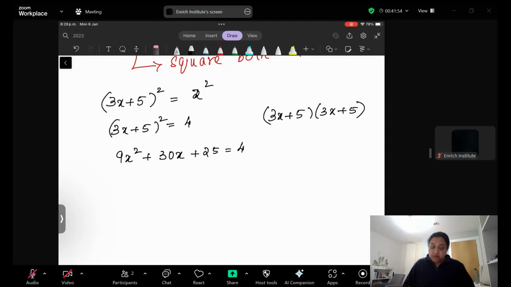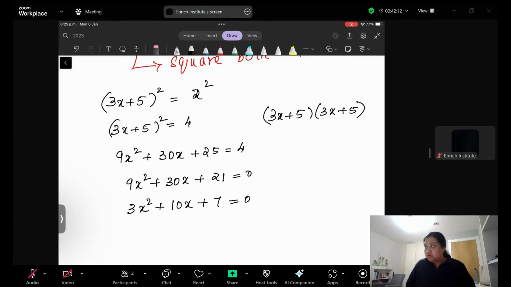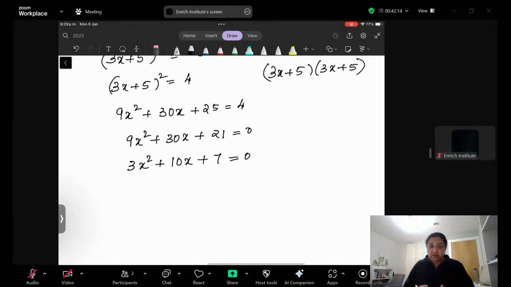Then you bring the numbers to this side, so it will be 9x square plus 30x plus 21 is equal to 0. Since everything is divisible by 3, you write 3x square plus 10x plus 7 is equal to 0. And then you factorize it. You can factorize it using multiple methods, like a normal quadratic, or you can use the minus b formula.